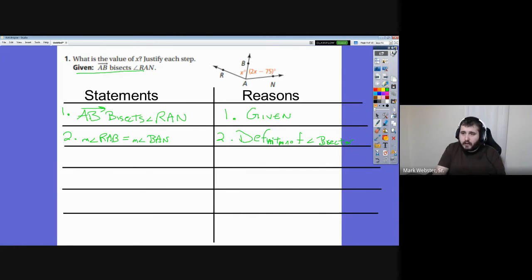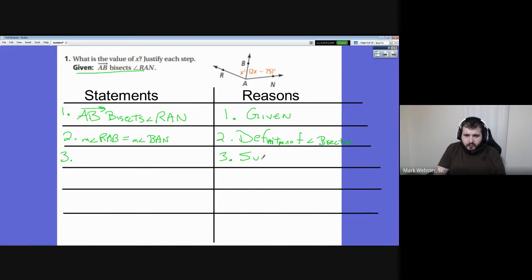And I will tell you now, please feel free, if you're doing this, you can use symbolic words. Like here, I use the symbol for angle instead of writing out the word angle. As long as what you're saying is clear, you're okay to break it down a little bit. So now, if I know this is true, I can take the information here and plug it in. I can substitute, right?